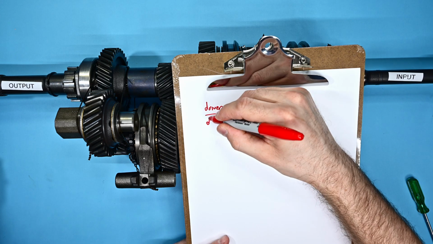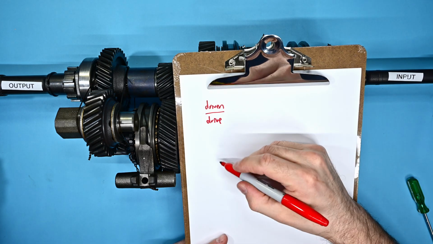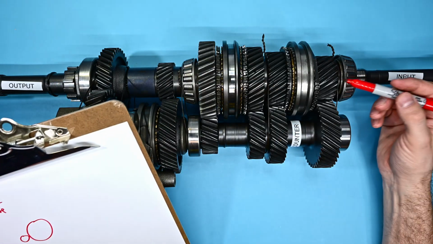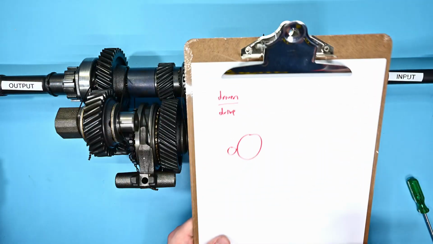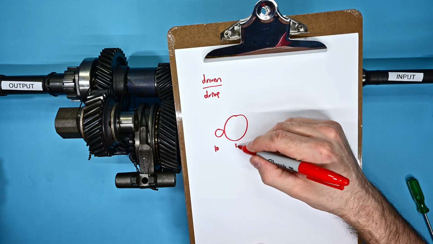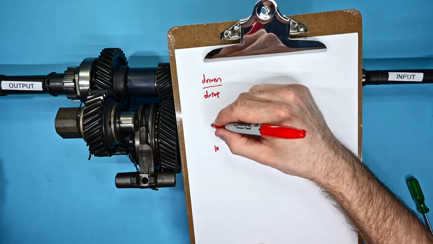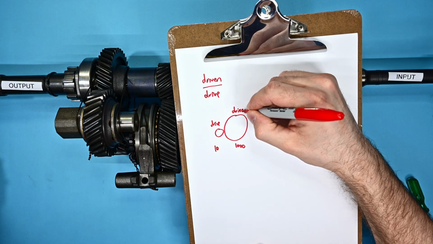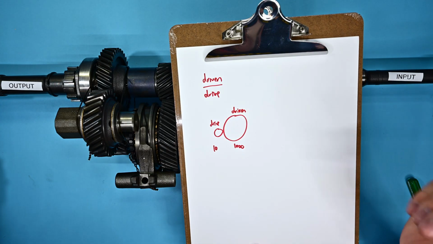Driven over drive. If we have a small gear driving a large gear, as we do in the case of our input shaft on our output shaft, and for easy numbers, let's just use 10 teeth and 100 teeth. We have our drive gear and our driven gear. With me?